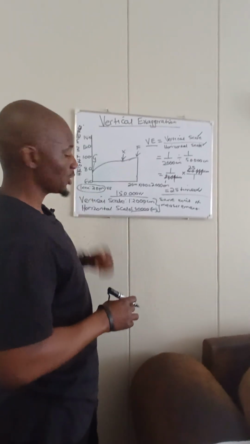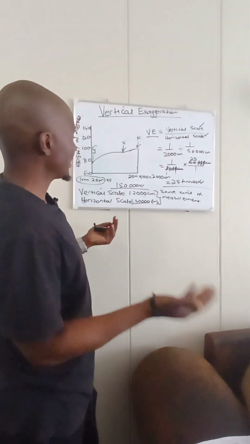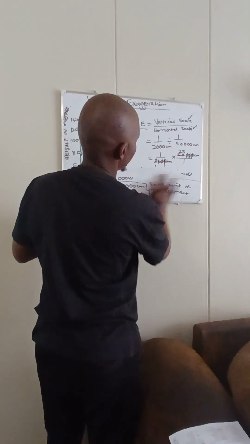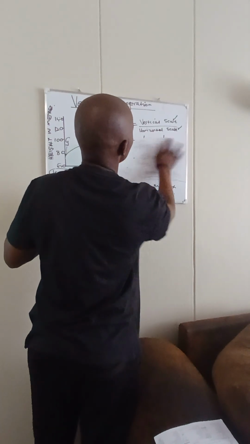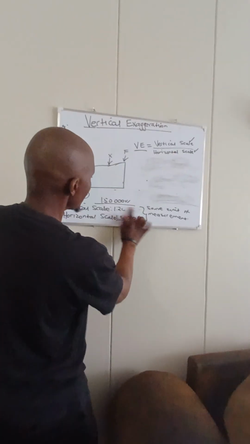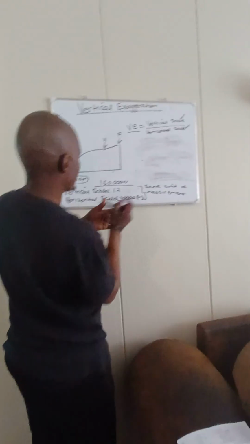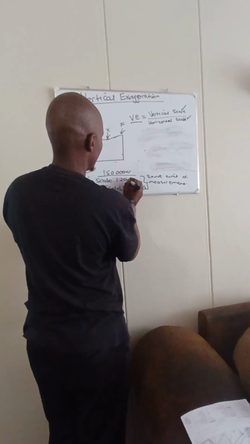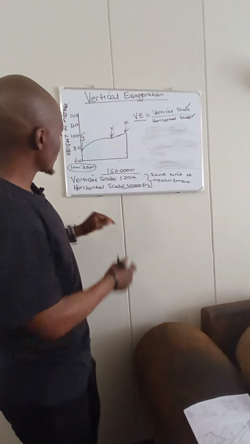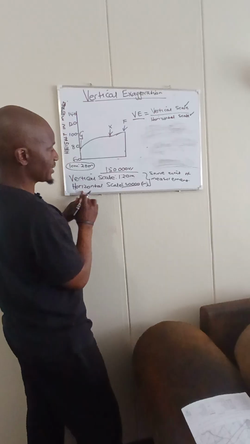I'm going to change the unit of measurement to meters so that at least you understand exactly where I'm coming from. Let me work it out with the given scale. Assuming I've been given 20 meters, 1 is to 20 meters. Then I want my horizontal scale to be in meters too.